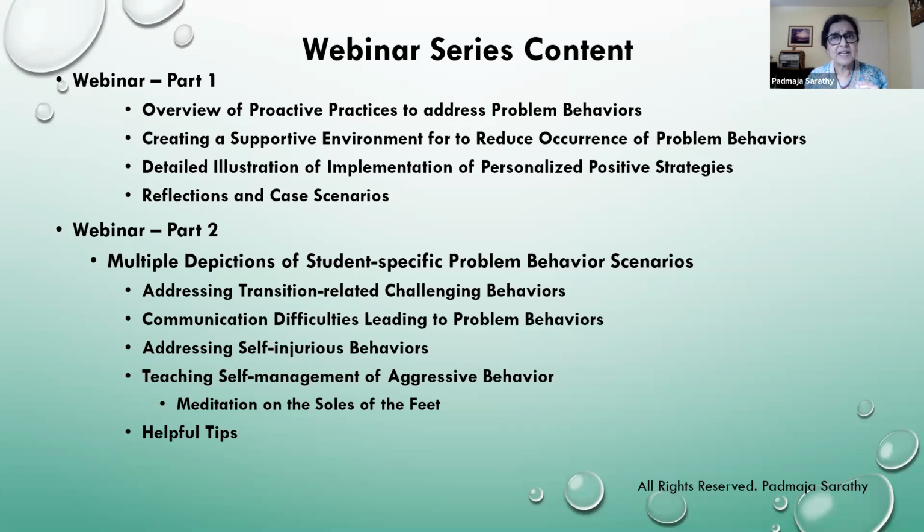And then in some cases, it may be self-injurious behavior that causes us considerable concern, so we'll be looking at that also briefly. And then finally, we want students to be able to self-manage their aggressive behaviors. So what techniques can we use? I'm going to be sharing with you in detail about one research-based technique. And throughout, I'll be sharing helpful tips.